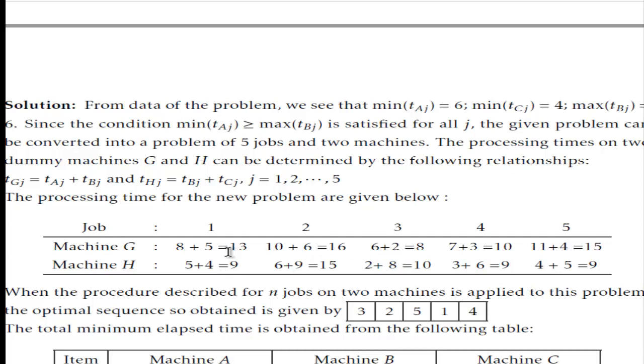And now I will apply Johnson's algorithm. What Johnson's algorithm is doing is seeing where the minimum is. If machine A has the minimum, then assign it to the left side. If machine B is minimum, assign it to the right side, right?